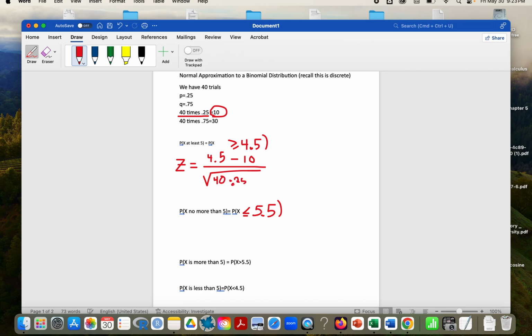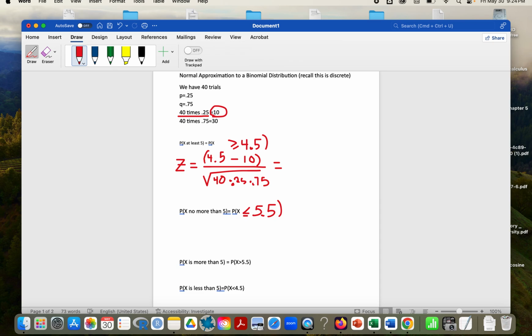I dropped the decimal there, times our 0.75. Okay, now, let me type this into the handy-dandy graphing calculator. So, parenthesis, 4.5 minus 10, parenthesis, divided by, second, the square root of 40 times 0.25 times 0.75.